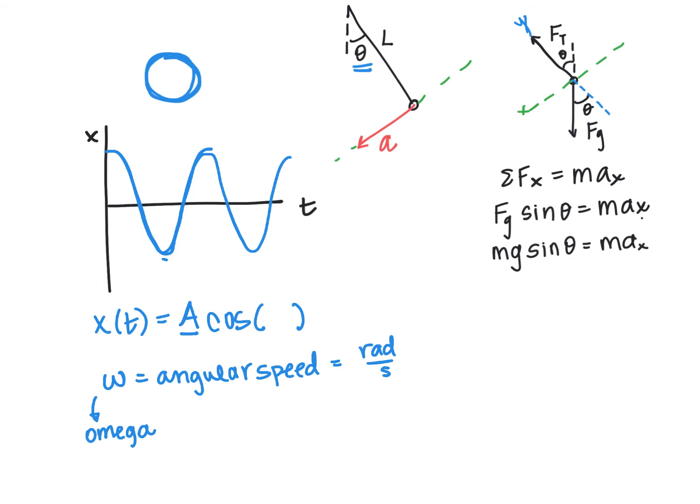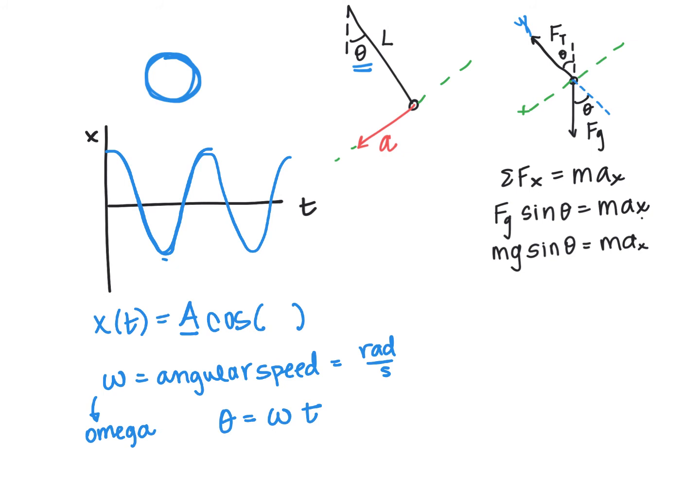And so I can find the angle in radians if I have the angular speed and I multiply it by the time, because radians per second times seconds would give us radians.